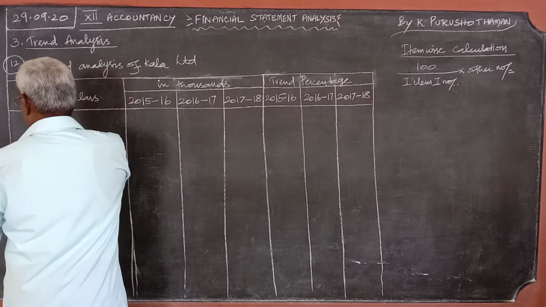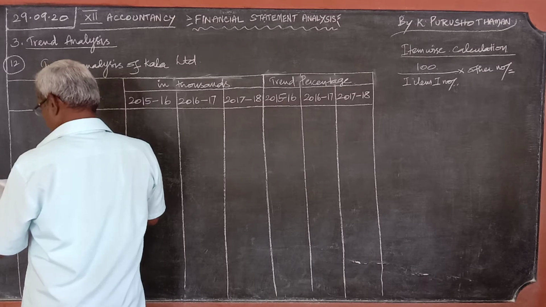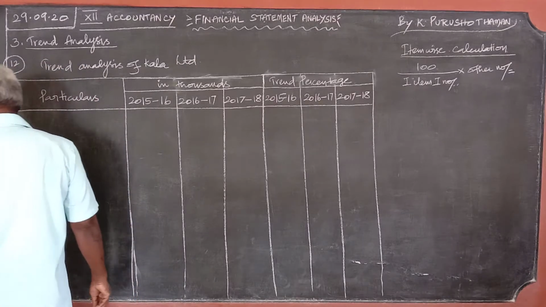So we shall write the values given here. What are the values given for the particulars column?